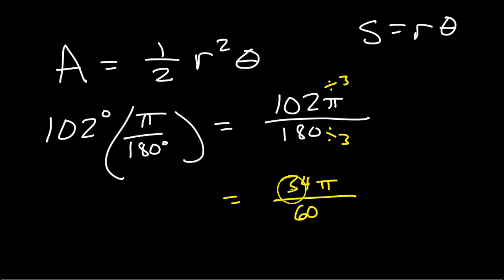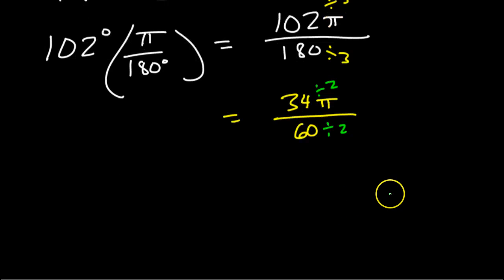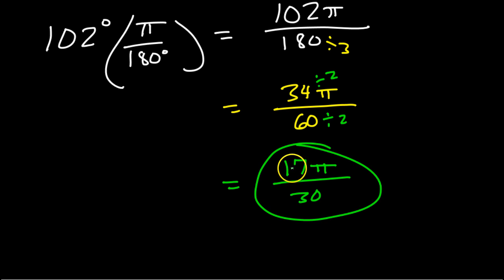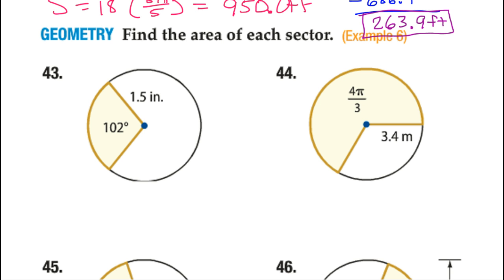Both of these are divisible by 2, so I'm going to cut them in half. 34 divided by 2 is 17 pi over 30. 17 is a prime number, so I know that's the end of the road for this. So 102 degrees is 17 pi over 30 in radians.